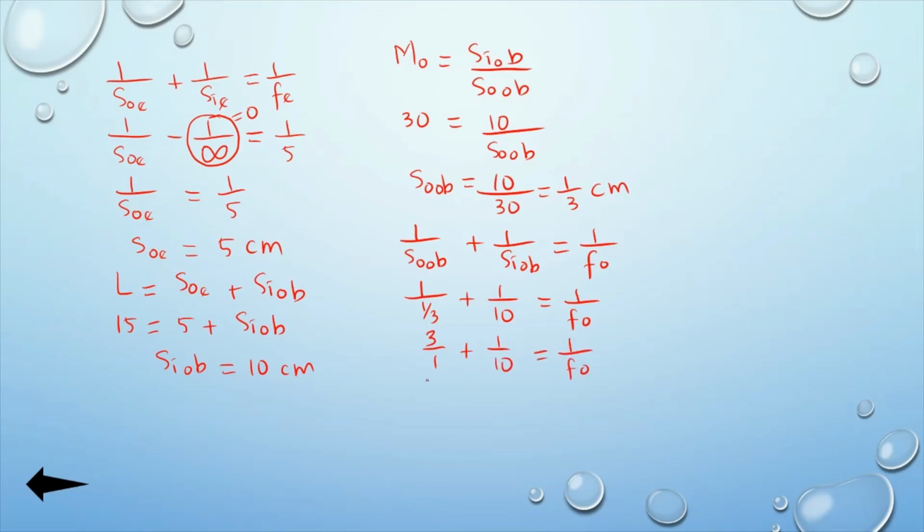The equation becomes 30 plus 1 over 10 equals 1 over FO, or 31 over 10 equals 1 over FO. So FO equals 10 over 31 centimeter. This is the answer for the last question.